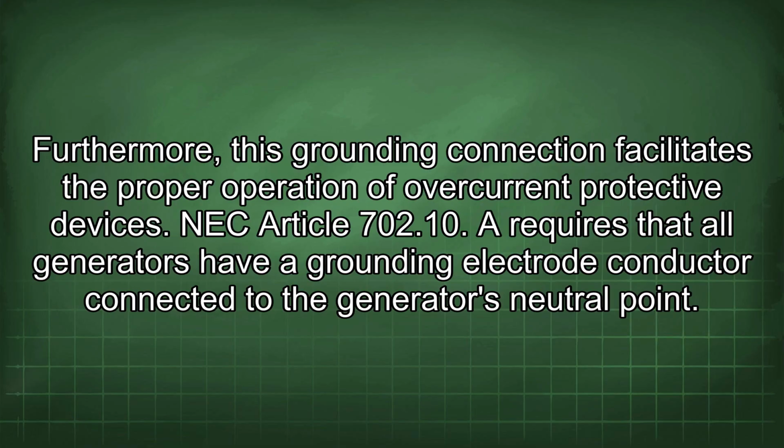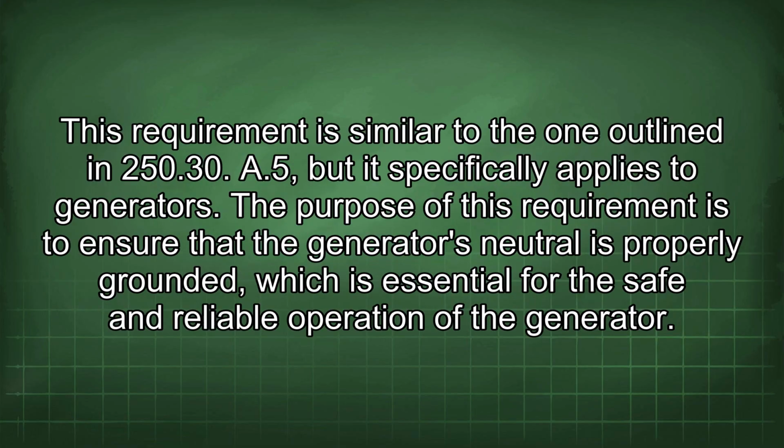NEC Article 702.10 requires that all generators have a grounding electrode conductor connected to the generator's neutral point. This requirement is similar to the one outlined in 250.30(A)(5), but it specifically applies to generators. The purpose of this requirement is to ensure that the generator's neutral is properly grounded, which is essential for the safe and reliable operation of the generator.